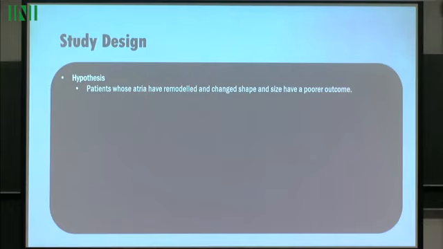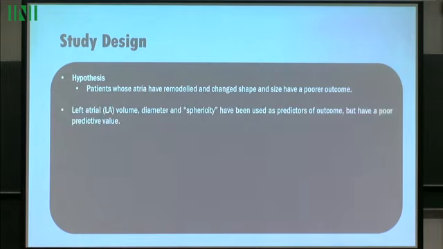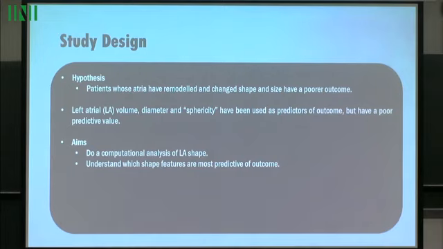This is called remodeling, and part of the remodeling involves the atrium changing shape and size. And this is not an idea of ours. People have been looking at left atrial volume, left atrial diameter, and even left atrial sphericity, which is a marker of how round the left atrium is, as markers of outcome through this remodeling process.